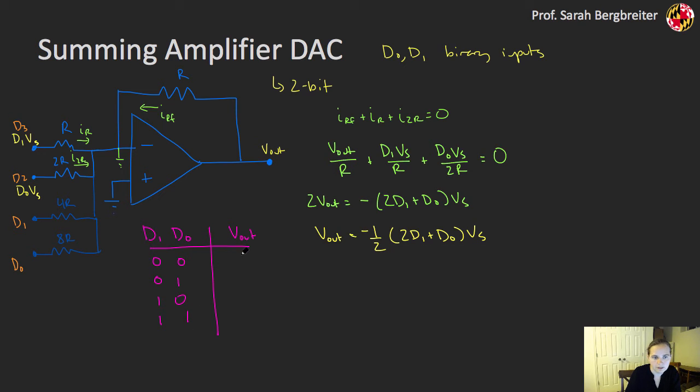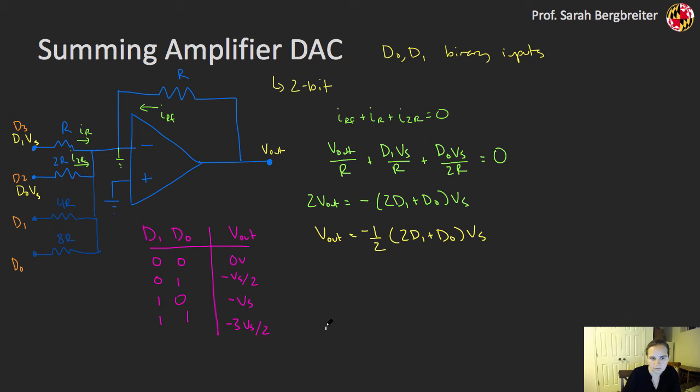If both are 0, I get 0 volts at my output. If D0 is 1 and D1 is 0, then I'll get minus VS over 2. If this one's 1, I'll get minus VS, and finally if both are 1, I'll get minus 3 VS over 2.